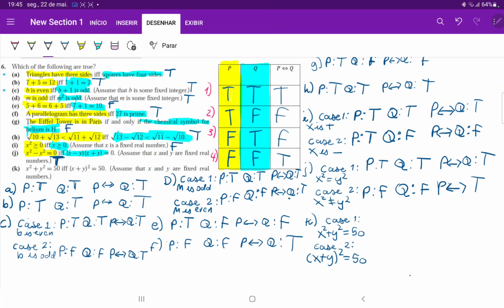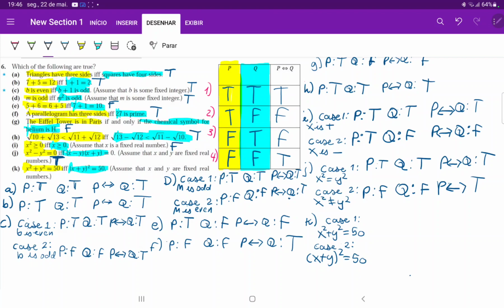The only case where they would be the same is if x and y are, well, no, because then it will be equal to 0. So these will never be the same. All right, so let's then get our P's. Our P is x squared plus y squared is equal to 50, and our Q is x plus y squared is equal to 50.